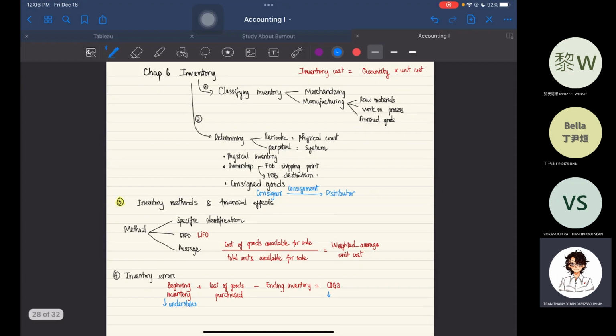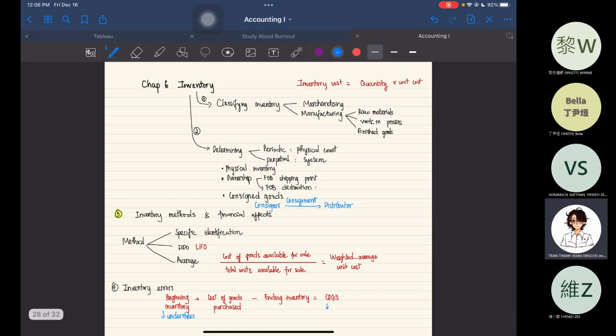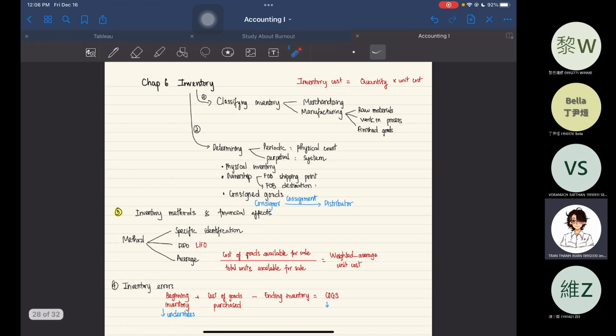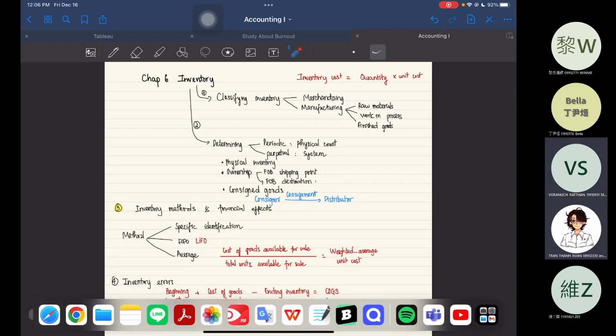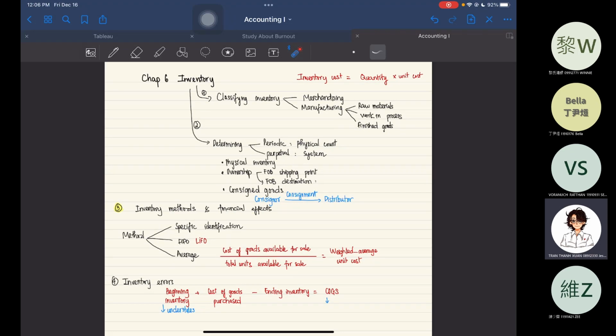Okay, so today we're talking about chapter 6, inventory. You can see my screen right now, right? Yes, we can see it. Okay.